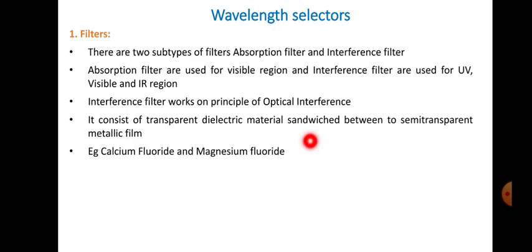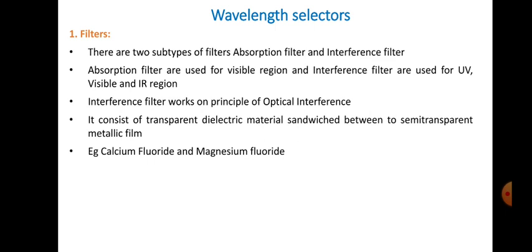First is the absorption filter and the second one is the interference filter. Absorption filters are used for the visible region and interference filters are used for the UV as well as visible, and you can also extend it into the infrared region.